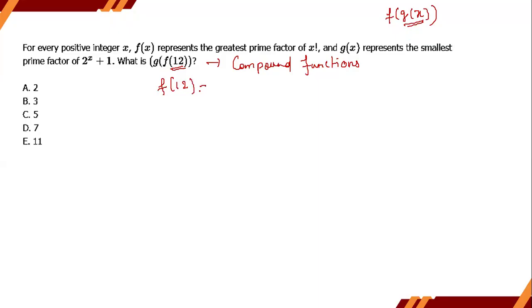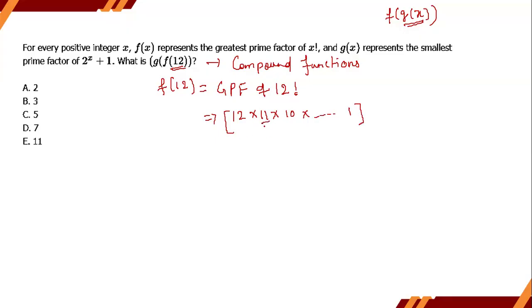So what is f of 12? Now let's go ahead with the function definition. So f of 12 represents the greatest prime factor of 12 factorial, right? So 12 factorial is what? 12 into 11 into 10 and so on till 1, right? So what is the greatest prime factor over here?